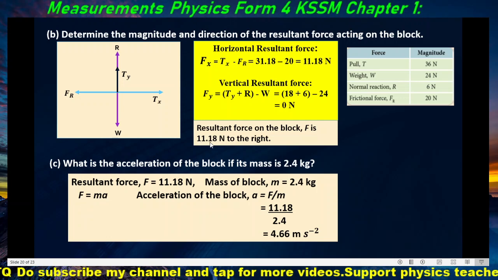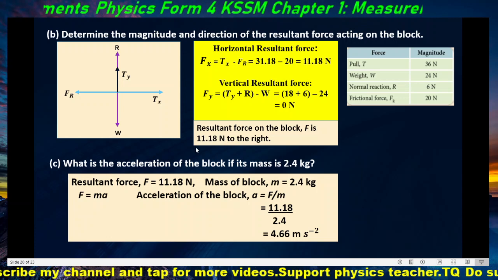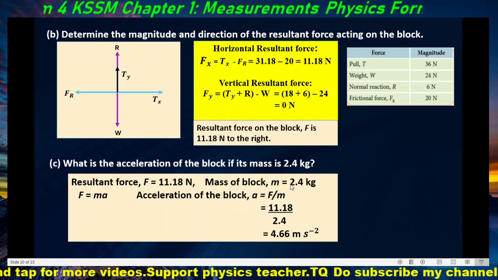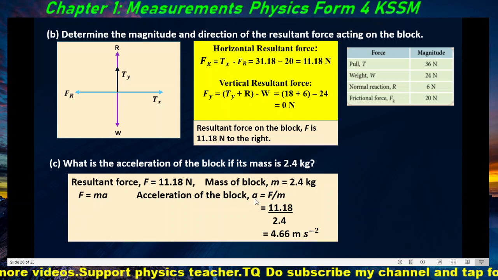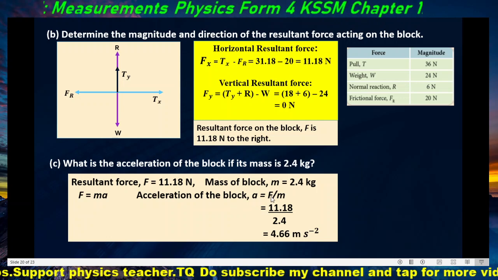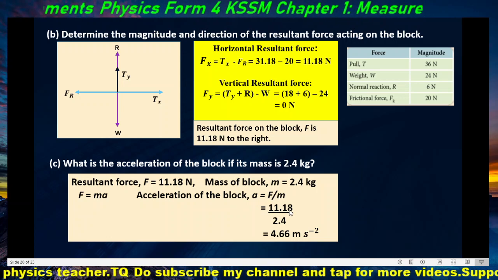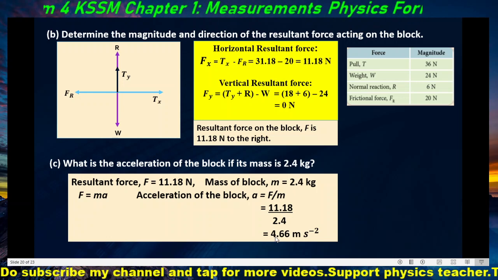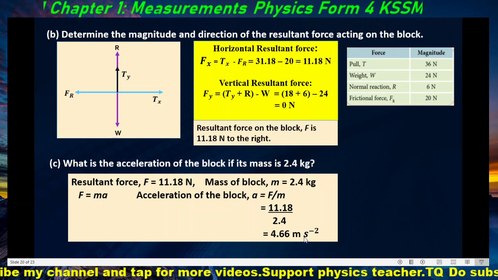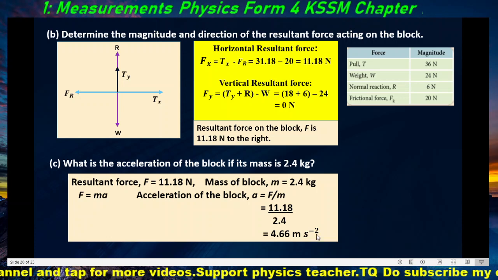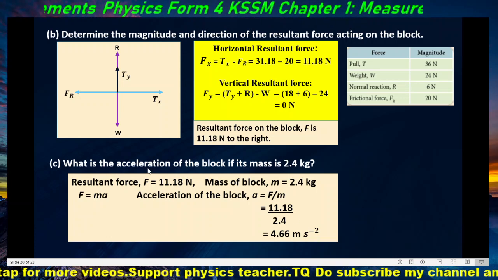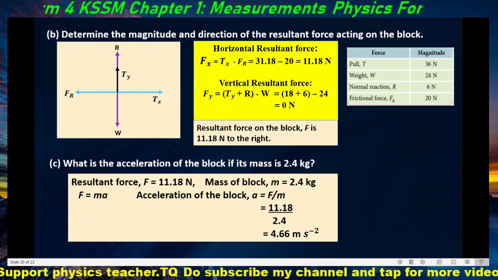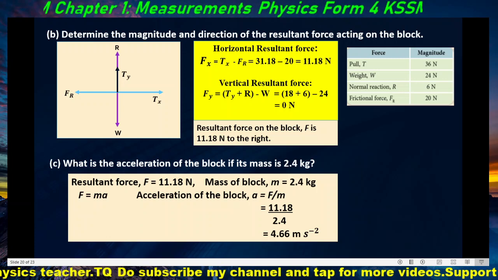In this case, the resultant force we have calculated here is 11.18 Newton. Mass is given. Thus, we can calculate acceleration equals to F divided by m, or 11.18 divided by 2.4, 4.66 meters second to the power negative 2. So we get the answer required for this question.